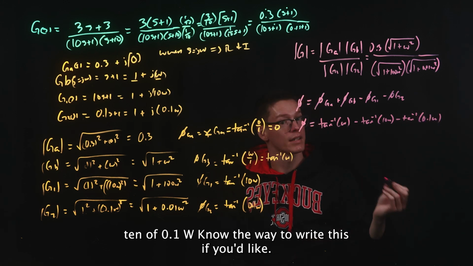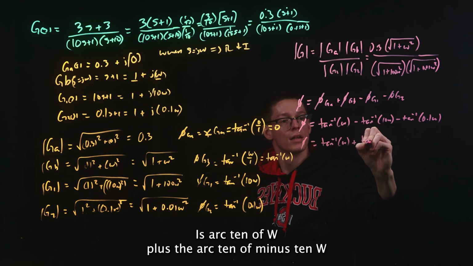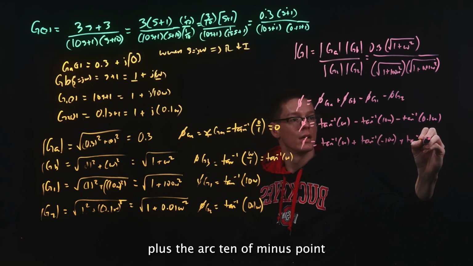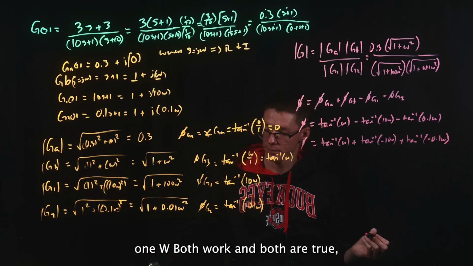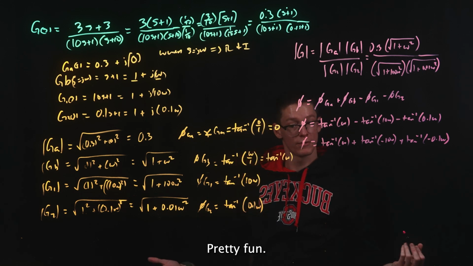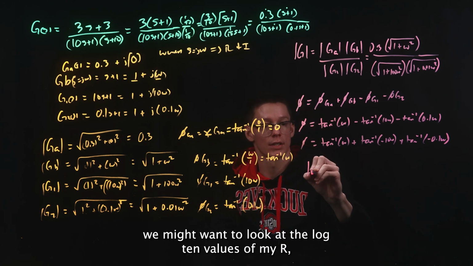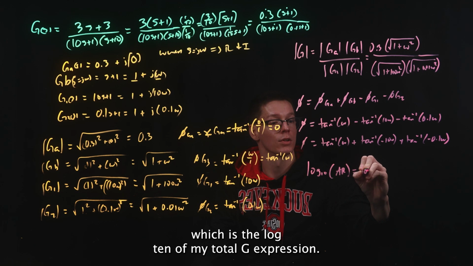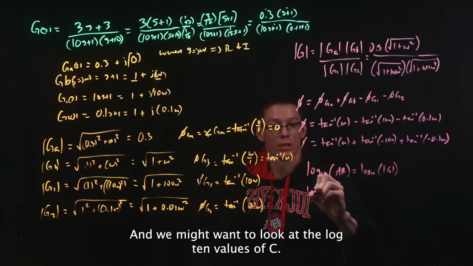Another way to write this, if you'd like, is arctan of w plus the arctan of minus 10w plus the arctan of minus 0.1w. Both work, and both are true. And that will allow you to look at the total solution. Pretty fun. One last thing that we might ever consider doing is we might want to look at the log 10 values of my AR, which is the log 10 of my total G expression. And we might want to look at the log 10 values of phi.